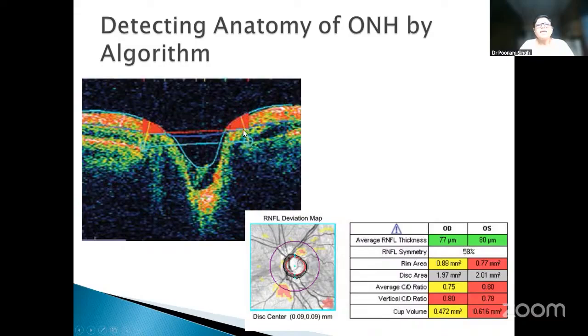Just above it, at a fixed distance, which varies among machines, 200 micron or 150 micron, is the area which shows the cup area. And anything beyond that is the neuroretinal rim. So these are the various parameters shown in the optic nerve head scanning of the OCT.